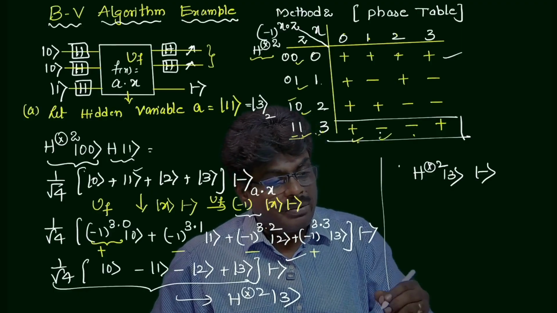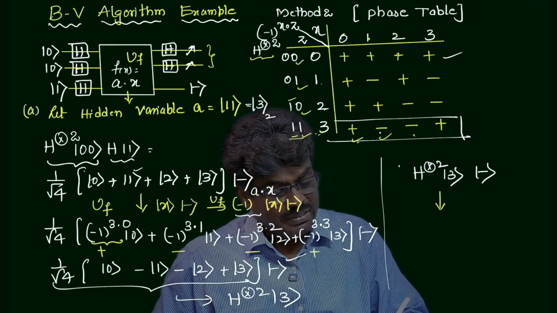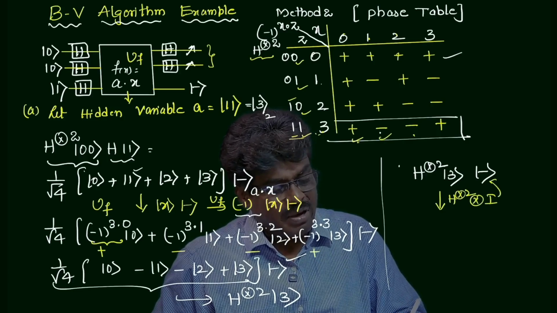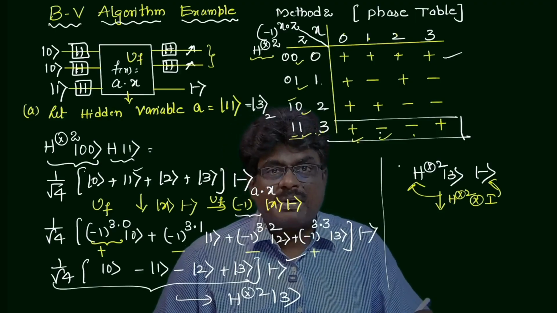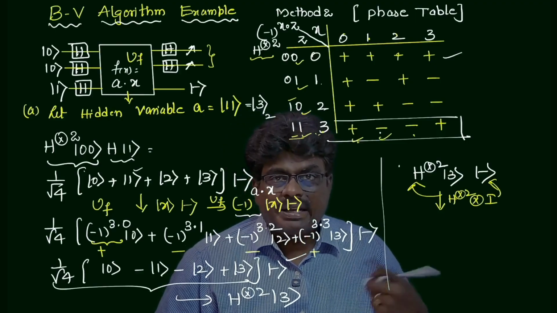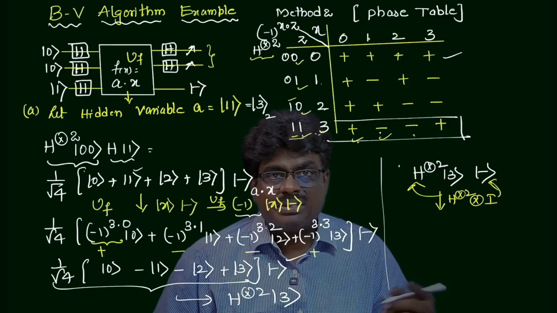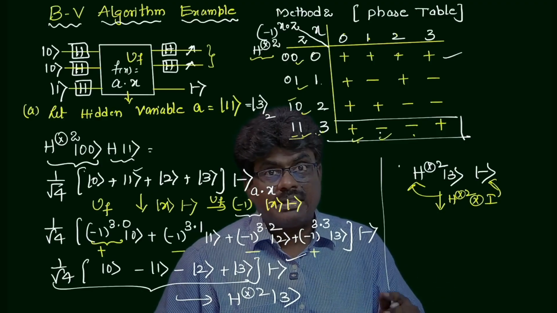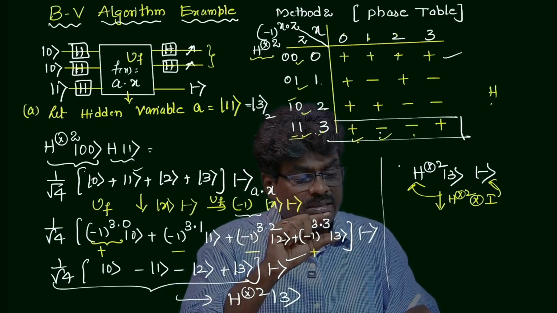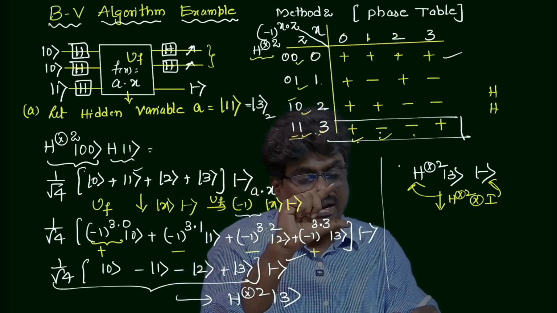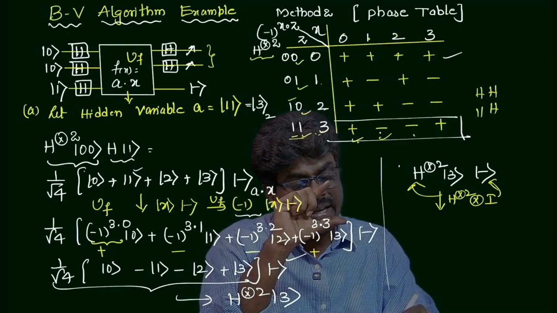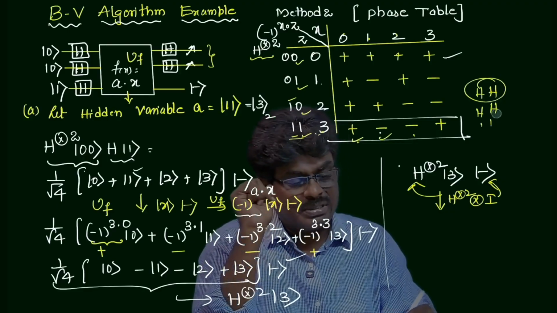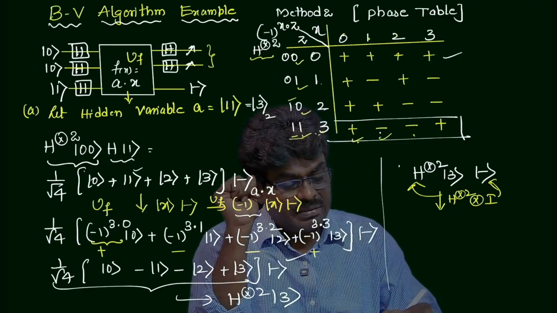On this now I'm going to operate the Hadamard operations. That is H tensor 2 tensor I will operate on this minus, H tensor 2 operates on this. Again you are operating the Hadamard operation. So H square is nothing but I. So this is not H square, that is H tensor H, like this, in parallel. And again one more time you are operating like this. Then this will become I, this will become I, I hope you understand. Still not understanding, please check.